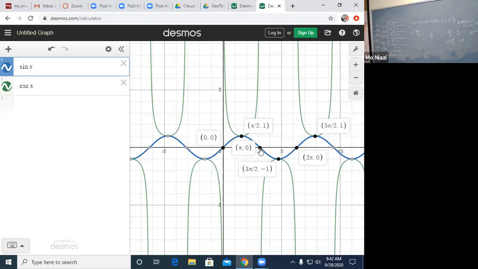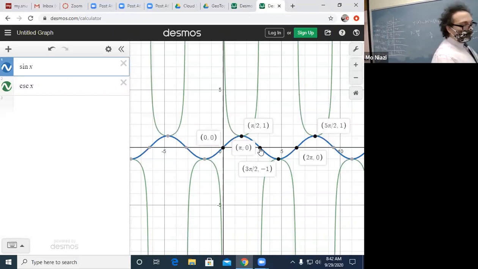Okay. So let's talk about the range now. What does that equal? The range is all of the possible outputs of the function, the green stuff.